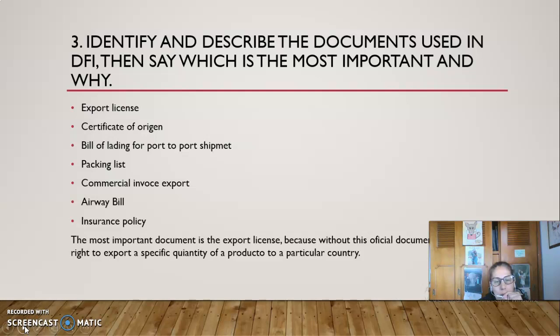The most important document is the export license, because without this official document there is no right to export a specific quantity of a product to a particular country.